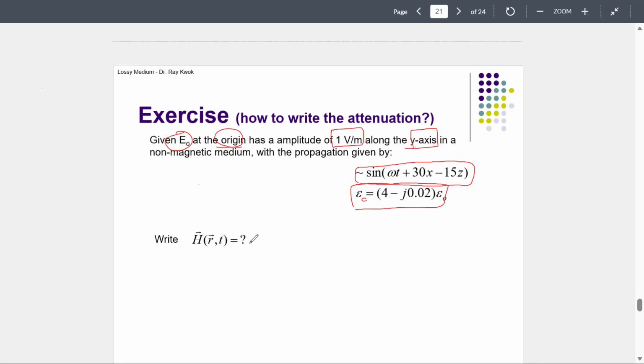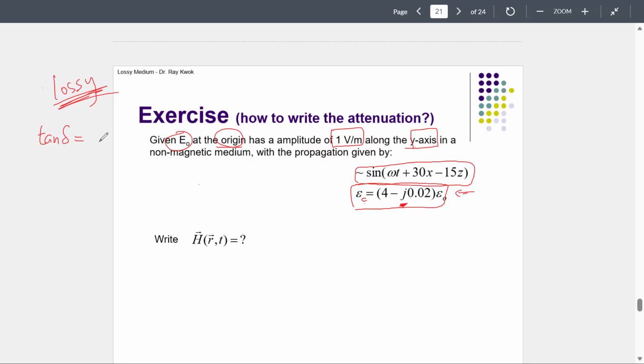Okay. Again, all the problem is I give you E, you tell me H, I give you H, you tell me E. Okay. So now, when I see this, what does that tell me? I have a complex number here, so that means the permittivity is complex. I'm dealing with a lossy medium. So the first step is I know I'm dealing with a lossy medium. And so the next thing is I want to calculate the loss tangent.